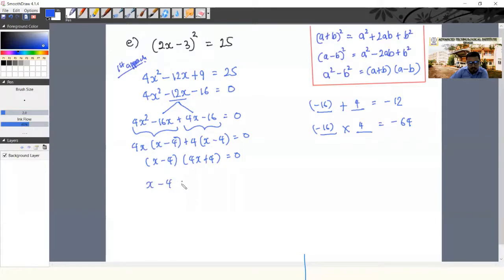So x minus 4 equals 0 or 4x plus 4 equals 0. x equals 4, or x equals minus 4 over 4, that is minus 1. This is one method.